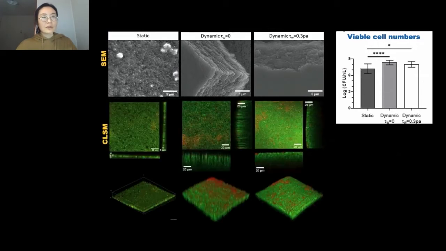In these confocal images, the live bacterial cells are stained with green fluorescence, and dead cells are stained with red fluorescence. Comparing the biofilms developed under dynamic conditions, we can see that the biofilm developed without the impact of airflow shows more dead bacteria on the surface than those cultured under the impact of airflow.